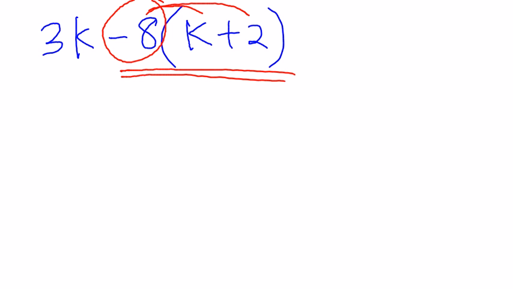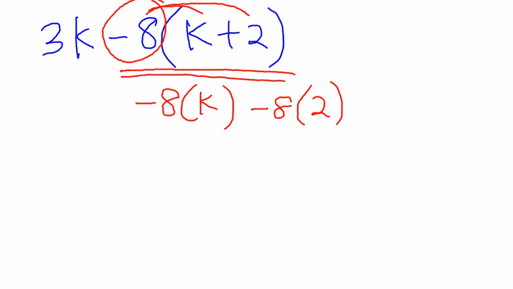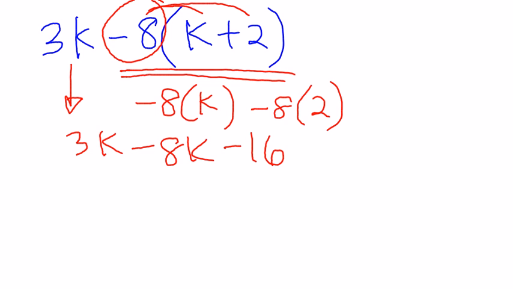So if I distribute the negative 8 through here, I know that negative 8 times k is the first one, and negative 8 times positive 2 is the second one. I know that that's going to be negative 8k minus 16. Don't forget to bring down the 3k from over here. And we can look for like terms.